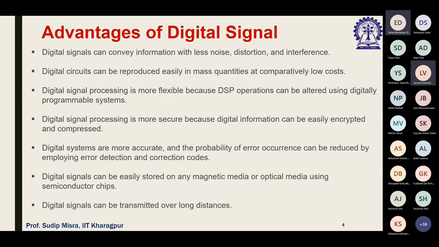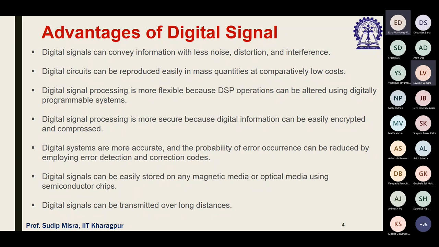Digital circuits can be reproduced easily in mass quantities at relatively low costs. This is an advantage. Compared to analog circuits, digital circuits are more reproducible at low cost. Digital signal processing is more flexible because DSP operations can be altered using digitally programmable systems.